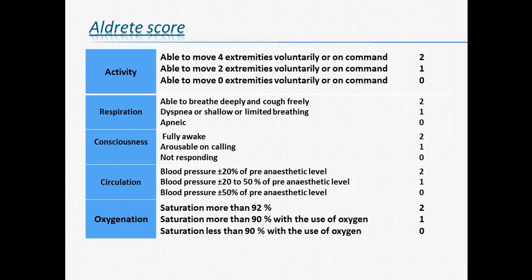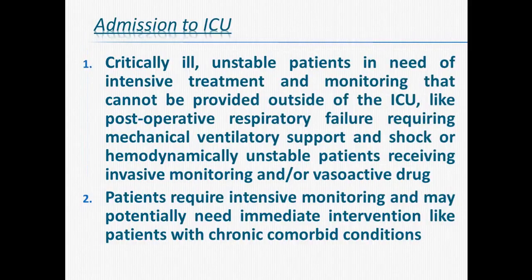About oxygen saturation, if the saturation is more than 92%, score is 2. If the saturation is more than 90% with the use of oxygen, score is 1. If the saturation is less than 90% with the use of oxygen, the score is 0.